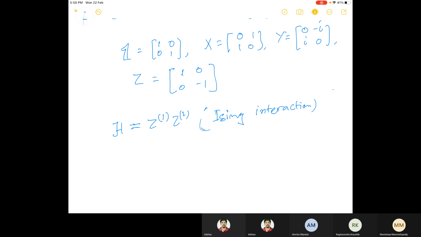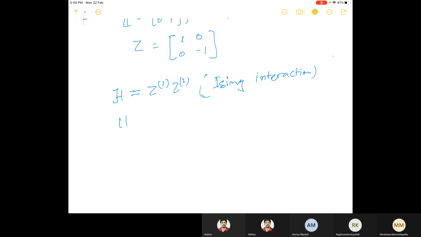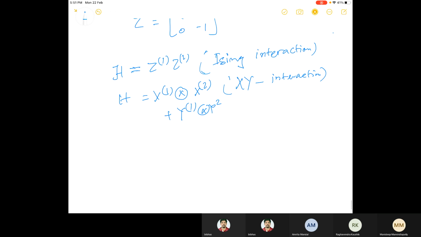Then there is the XY kind of interaction, where the Hamiltonian corresponds to X1 X2 plus Y1 Y2. Here this 1 and 2 have some meaning.